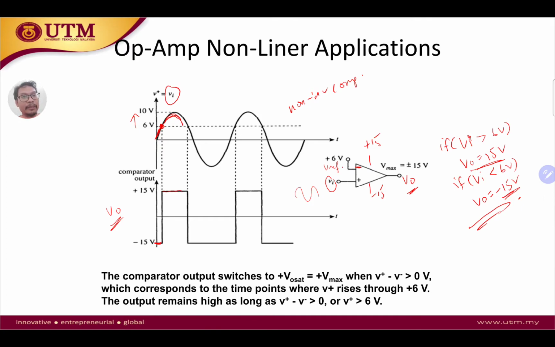And the moment the input is less than 6, we have a constant negative 15 on the output. So this is a non-inverting comparator.